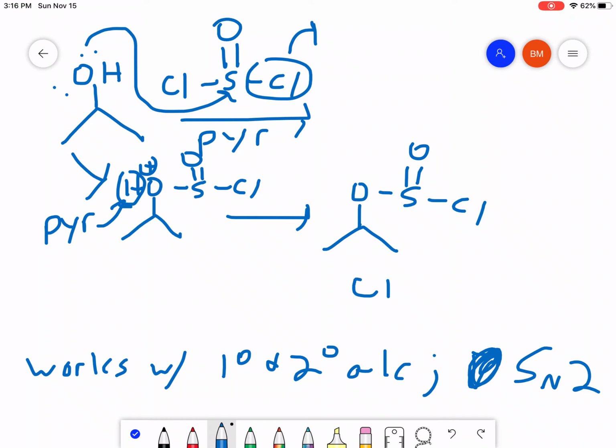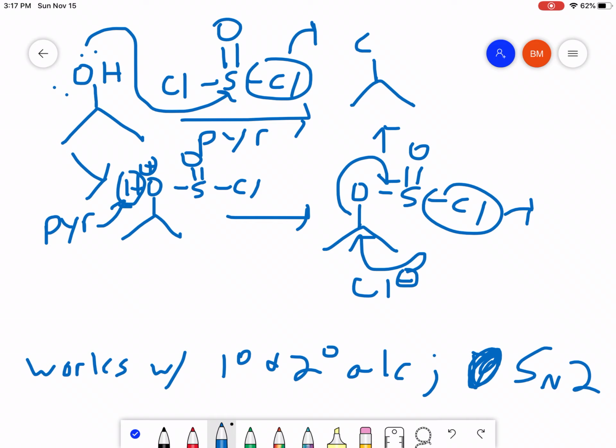That Cl minus that you kicked off of the SOCl2 can come back, act as a nucleophile, and cause this C-O bond to break and move over there. And then this kicks off, so your leaving group decomposes a little bit on the way out.